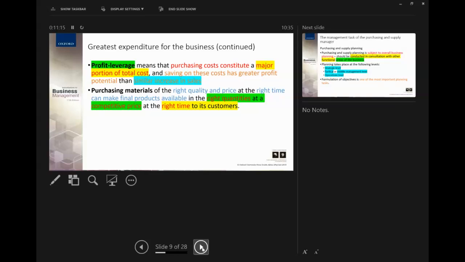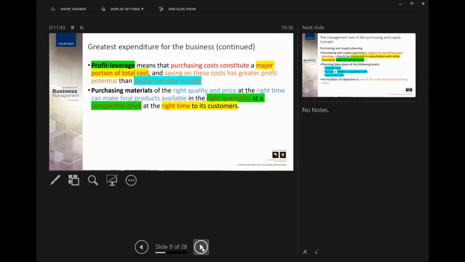If these guys do their job well, in other words, ensure that we are buying the quality required at the lowest possible price, then they will do a great service to our bottom line, or our profit.